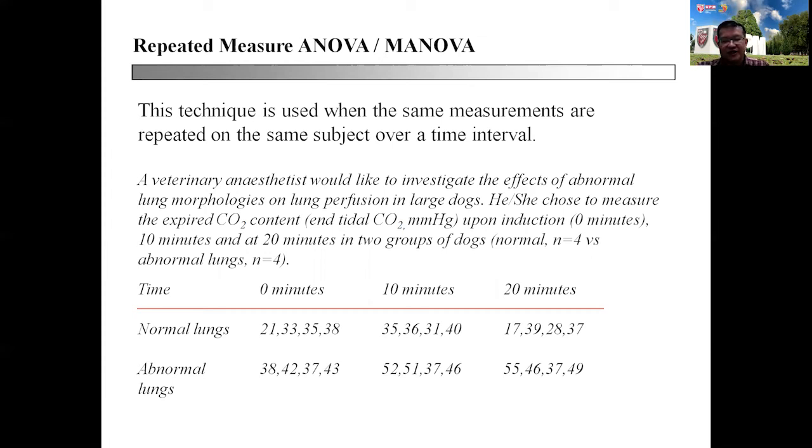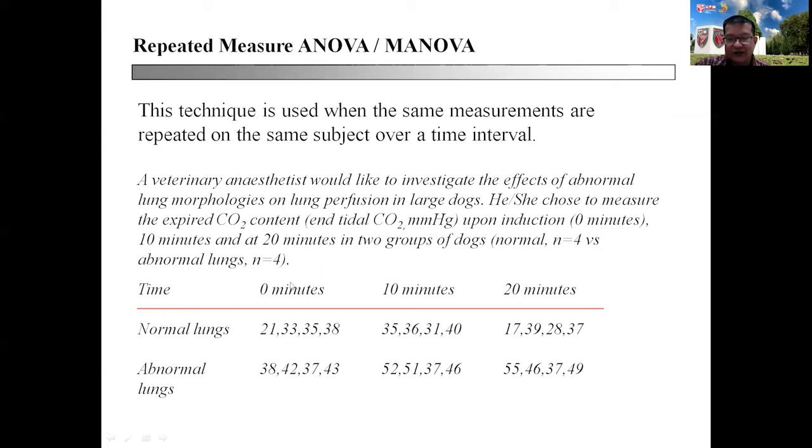He chose to measure expired CO2 content using a method known as end-tidal CO2 upon induction at 0 minutes, 10 minutes, and then at 20 minutes, and contrasting them over two groups of dogs, meaning normal dogs and dogs with abnormal lungs. So in this case, it's clear that we have a factor of normal and abnormal lungs.